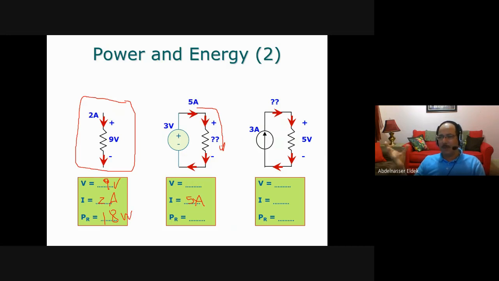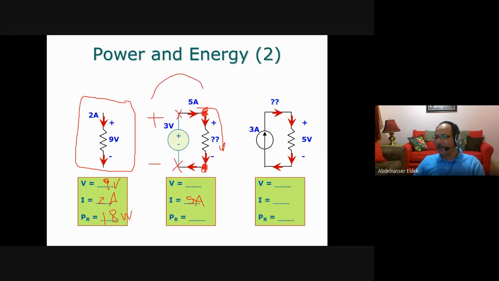What is the voltage between these 2 points, this one and the other terminal? The voltage is 3 volt. Why? Because this element is connected directly to the 3 volt source. This one is positive, this one is negative, 3 volt.